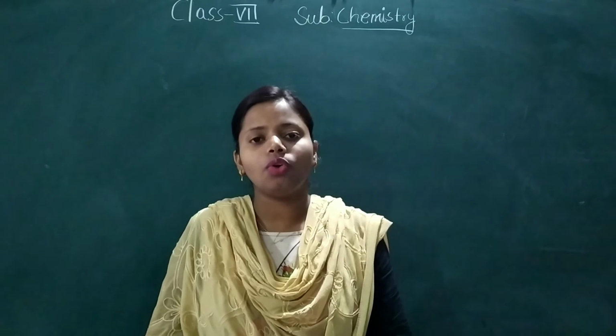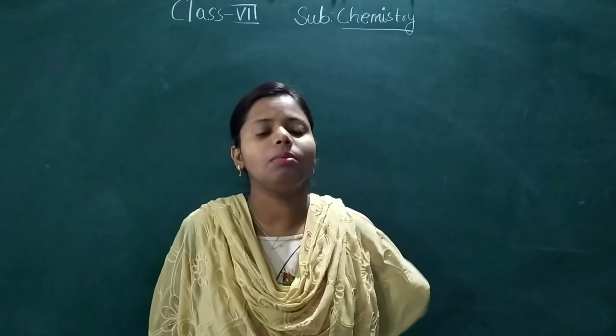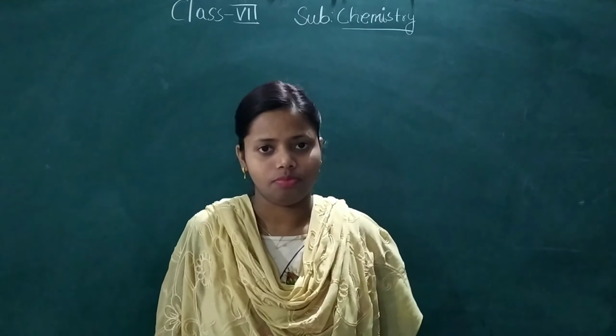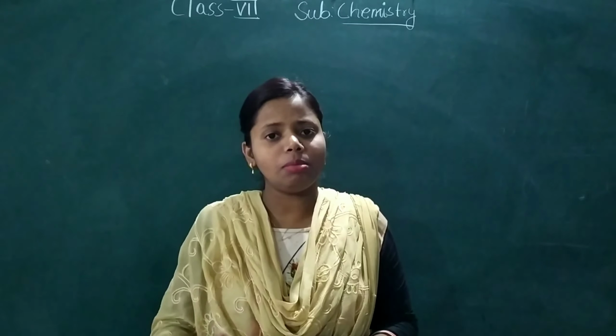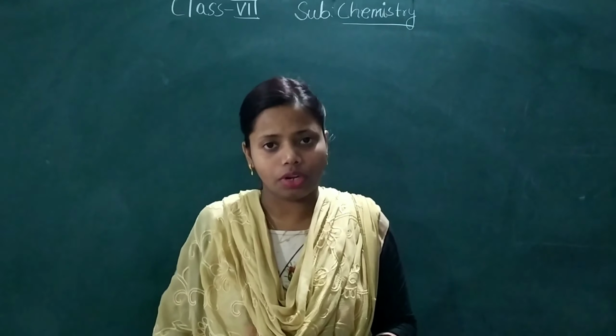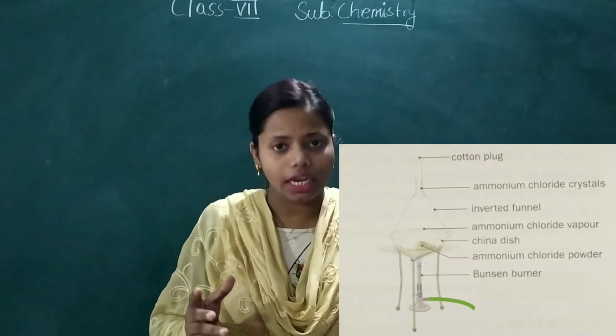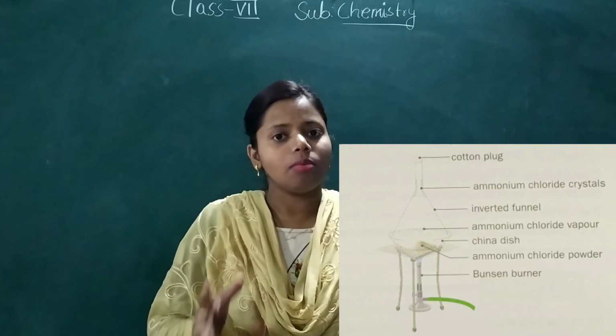Now we are going to see one experiment based on sublimation: sublimation of ammonium chloride. Let's see this small experiment. Here we will observe the sublimation of ammonium chloride. What you have to do is take a china dish. In this china dish we take ammonium chloride.